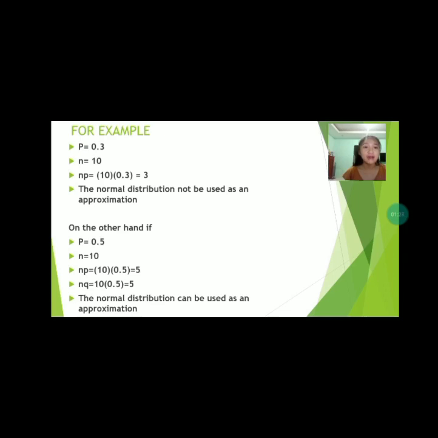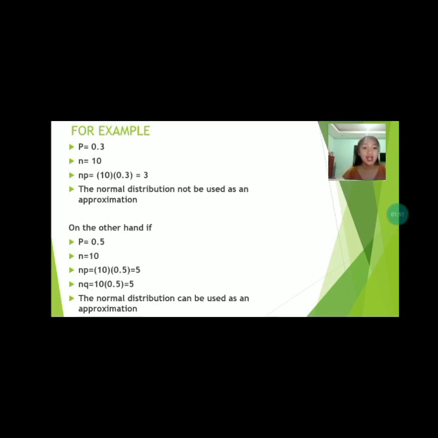So we cannot use the normal distribution as the approximation. On the other hand, if the value of p is 0.5 and n is 10, then n times p is 10 times 0.5, which equals 5, and n times q equals 10 times 0.5, which is also 5.